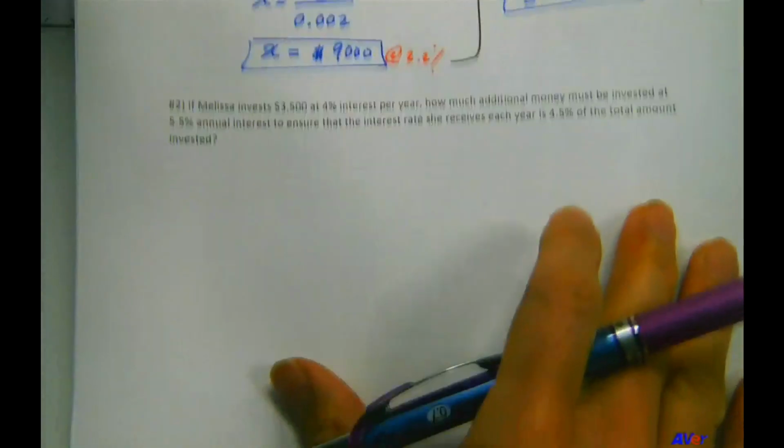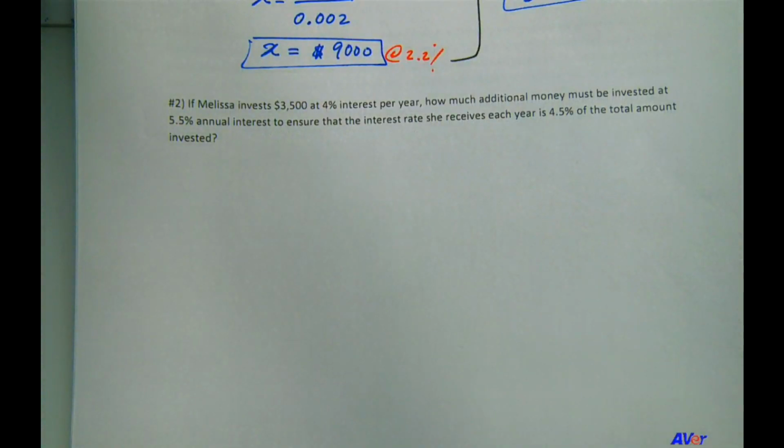The second problem we have says: if Melissa invests $3,500 at 4% per year, how much additional money must be invested at 5.5% annual interest to ensure that the interest she receives each year is 4.5% of the total amount invested?